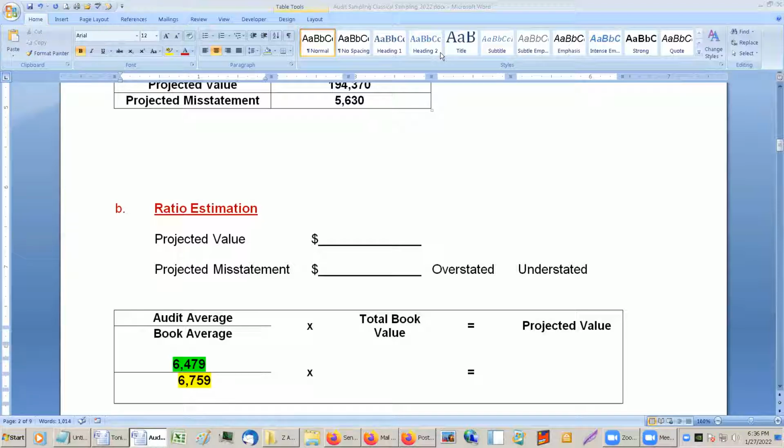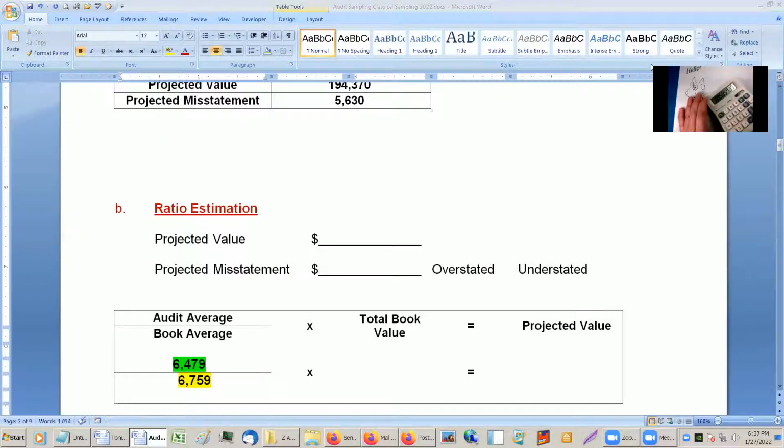So 6,479 over 6,759. So about 0.958 something. This is saying, okay, here's the ratio of what these are off by. So if you have something that's off by $50, you can multiply by that ratio, and that would be approximately what it'd be off by.